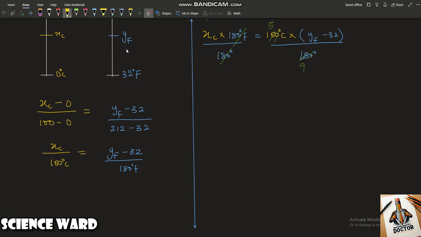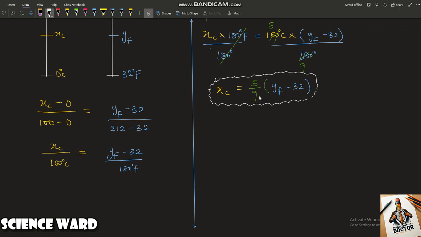And it will give me Xc equal to 5 over 9, and I have my bracket, YF minus 32, close the bracket. And of course, this is the formula, or should we say relationship, between the Celsius scale, the degree centigrade scale, and the degree Fahrenheit scale.